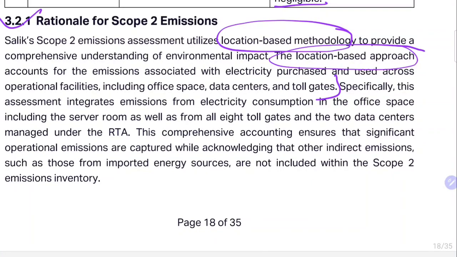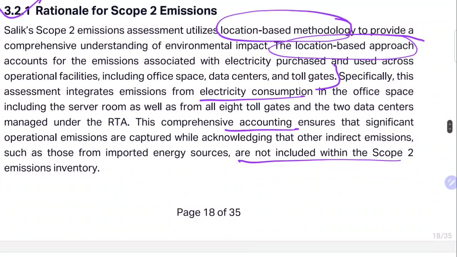Specifically, this assessment integrates emissions from electricity consumption in office spaces, server rooms and toll gates, and data centers managed. This comprehensive accounting ensures significant operational emissions are captured, while acknowledging that other indirect emissions, such as those from imported energy sources, are not included in the scope 2 emission inventory.